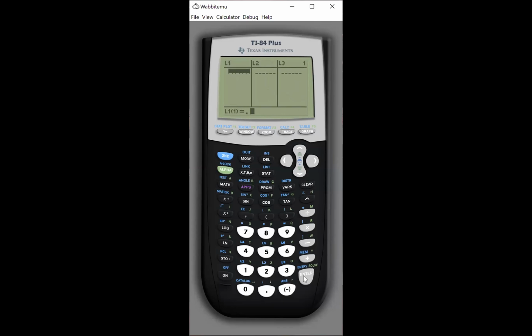So you go 0.08, 0.10, 0.07, 0.08, 0.10, 0.11. All right, so I entered all the data set here.